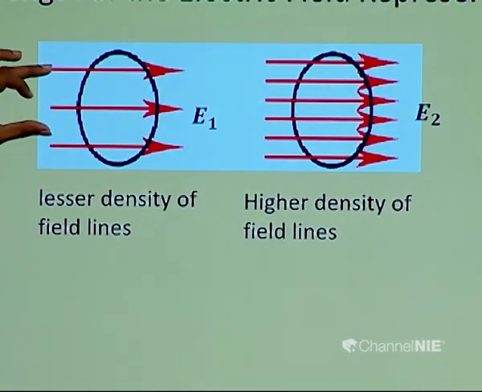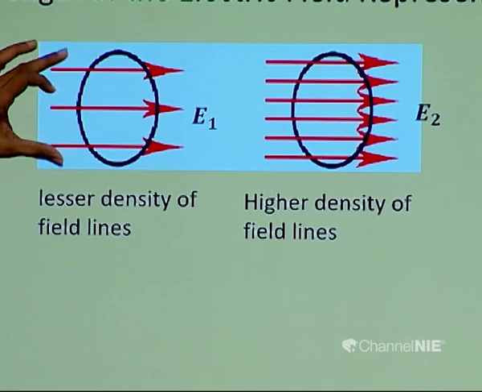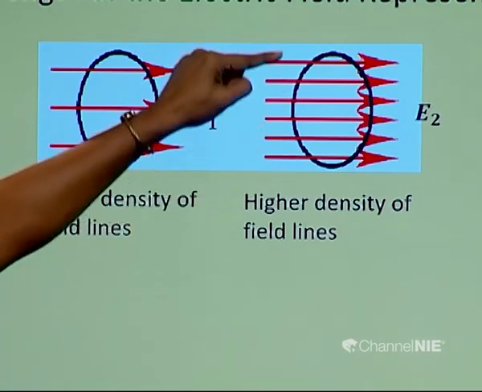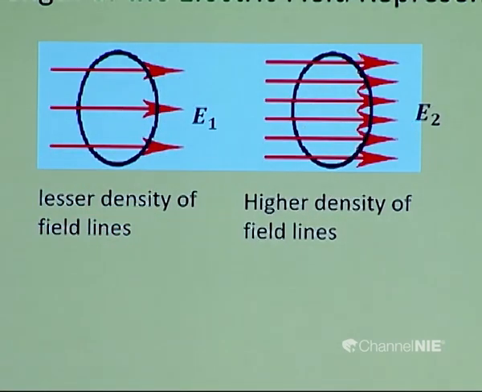By the electric field line concept, the line density represents the strength of the electric field. If the line density is less, it is a weaker electric field. When the line density is more, it is a stronger electric field.